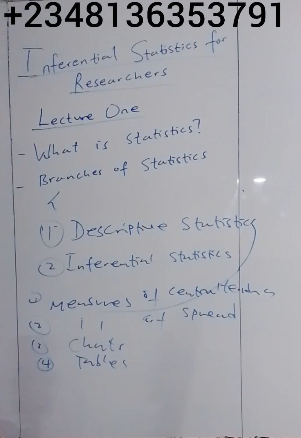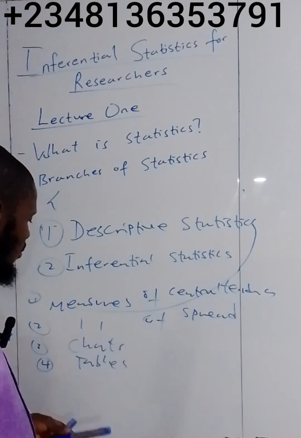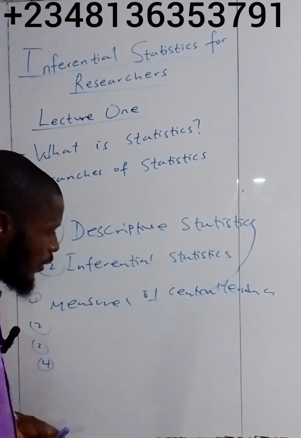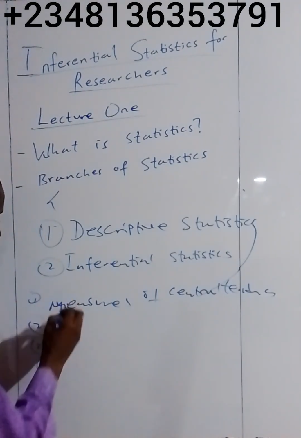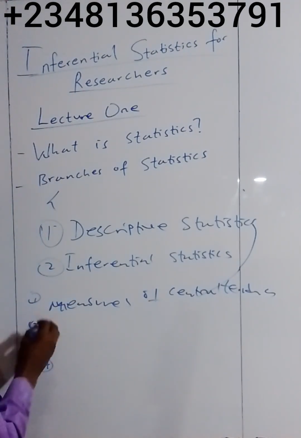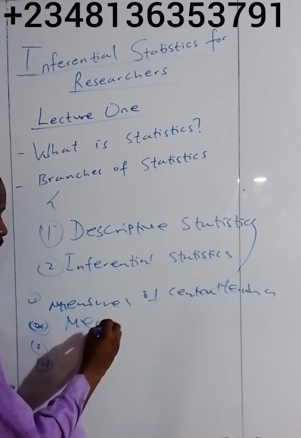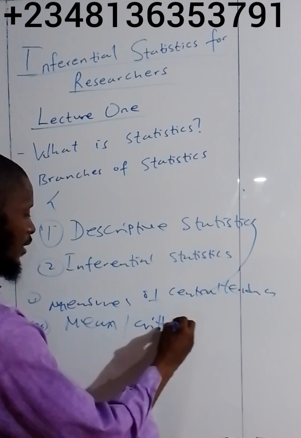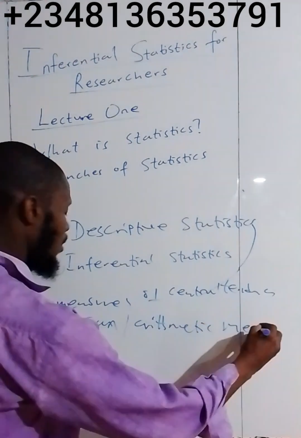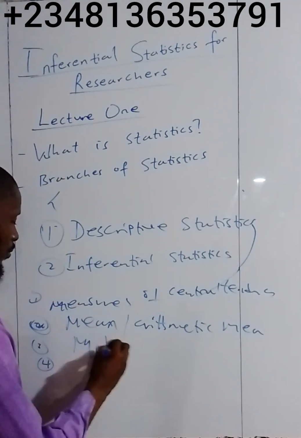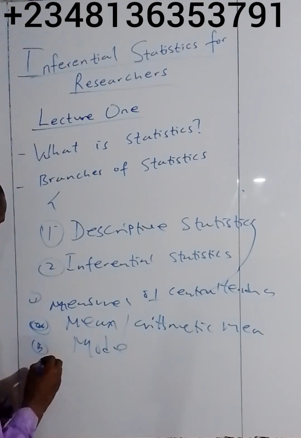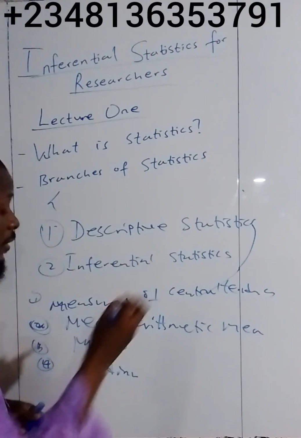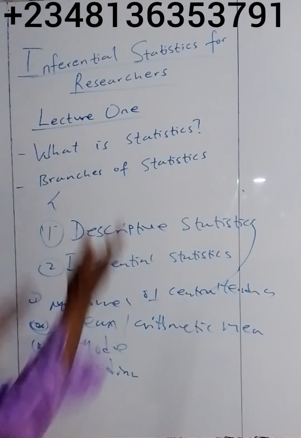Now, what are the measures of central tendency? We are talking about three main measures. We have the mean, or the arithmetic mean, the mode, and lastly, the median. All these are called measures of central tendency, so they come under descriptive statistics.